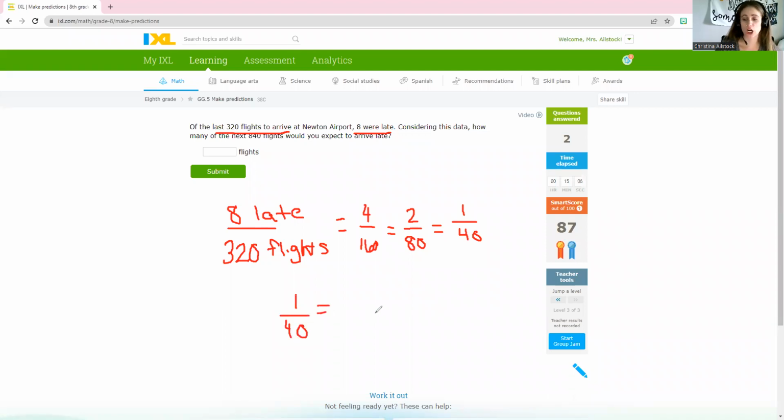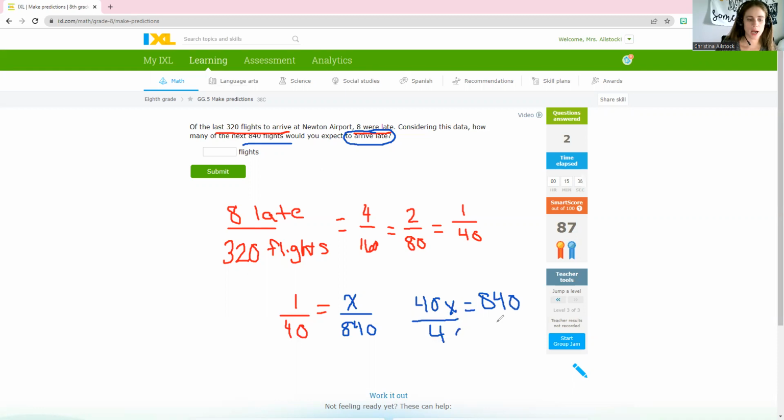Now we need to create our second fraction here to set up our proportion. And we are taking 840 flights. And we want to, once again, predict how many we can expect to arrive late. So that'll be our numerator. We'll do cross multiplication, which means we have 40x equals 840.